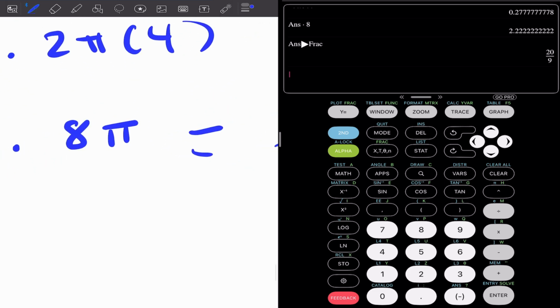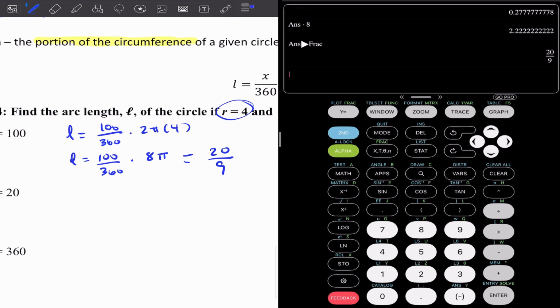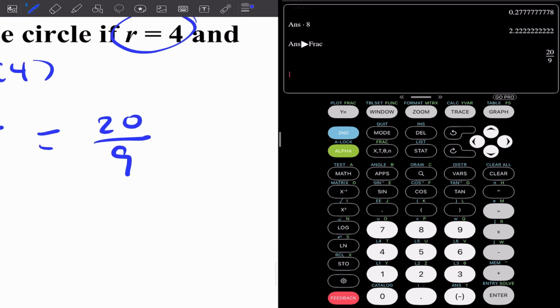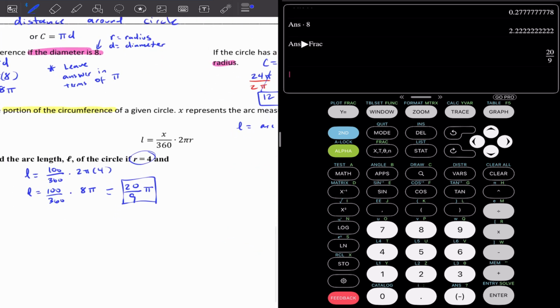But remember, we had that pi symbol in our setup here. So it's not 20 over 9, it's 20 over 9 pi. And this is the type of answer that I want to see, where the answer is in simplified fraction form and is in terms of pi. Okay, so I'm going to go ahead and make a note.